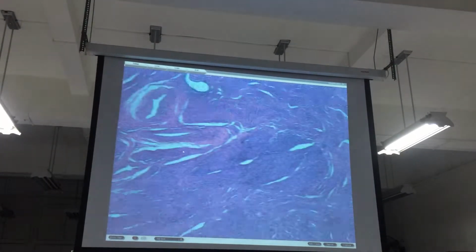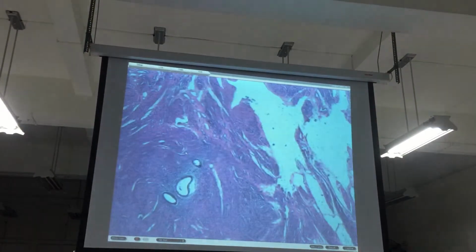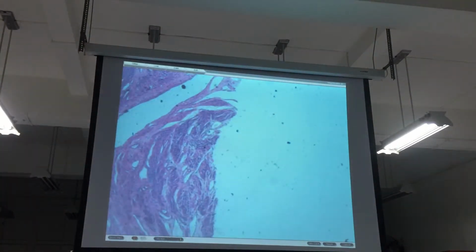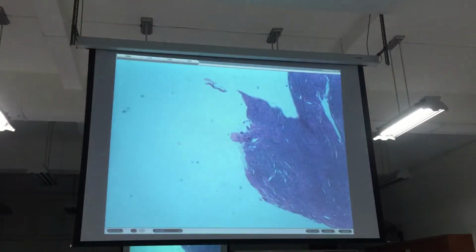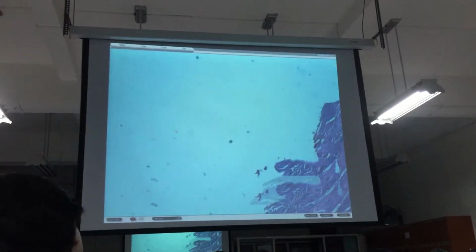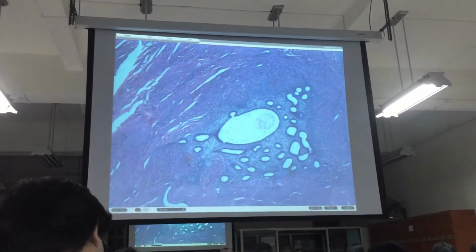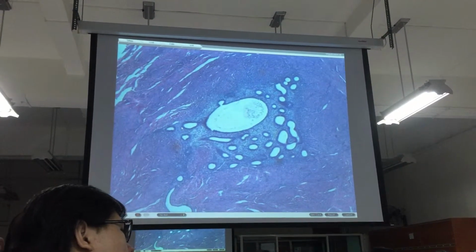Next will be M1401. Then let's scan around. This is a big chunk of tissue. Let us look at the surface. There's no lining epithelium. But what is this? Anybody?